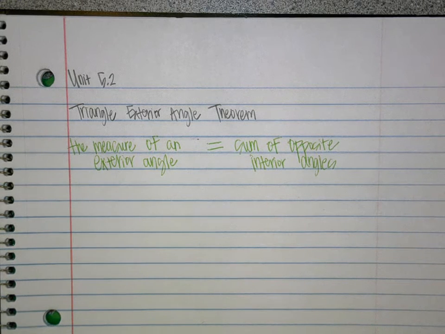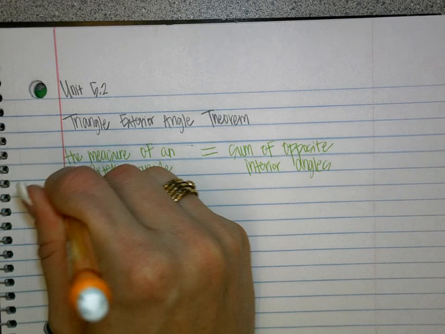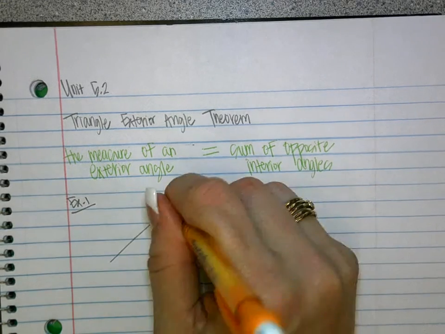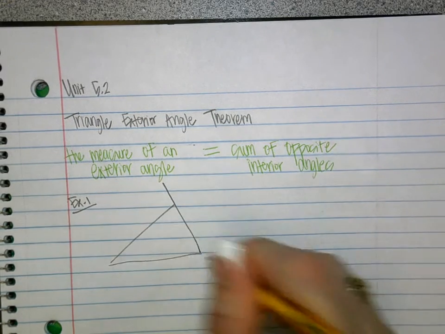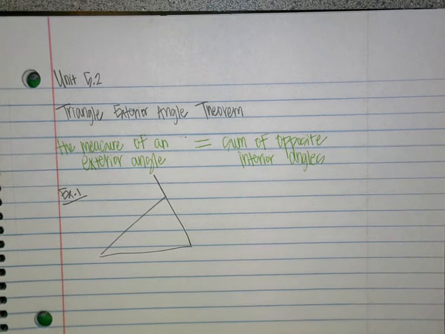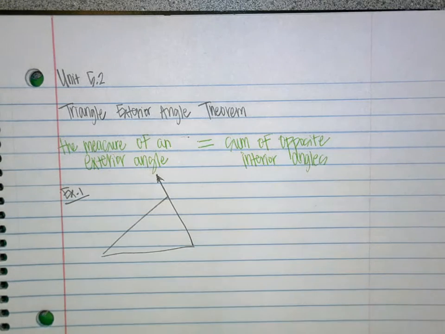Okay, so let's start on example number 1. I'm going to draw a triangle. Yes, there is supposed to be an extra part outside. We're also going to learn how to label triangles today.